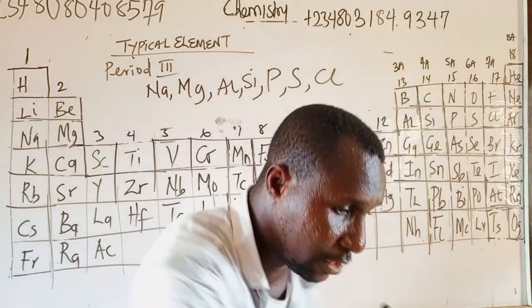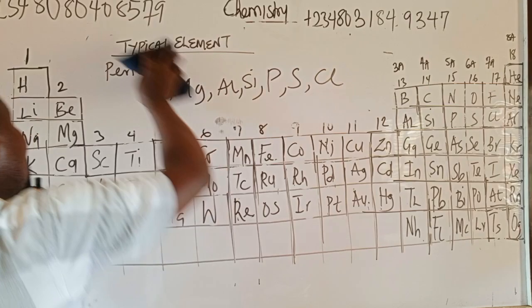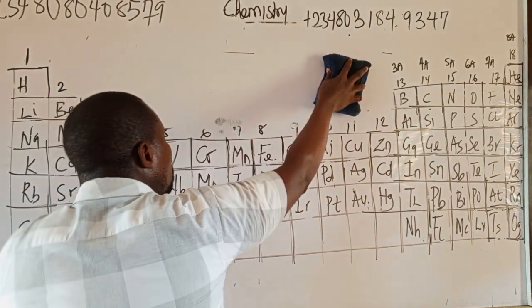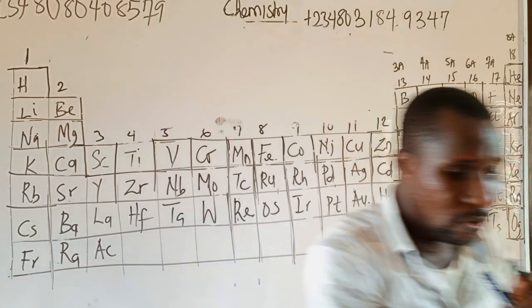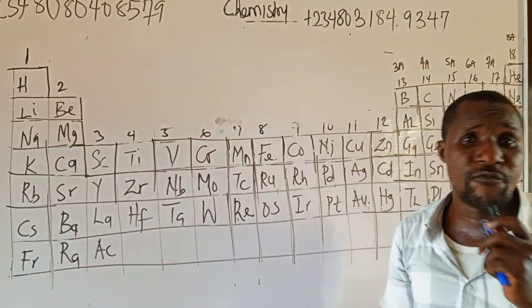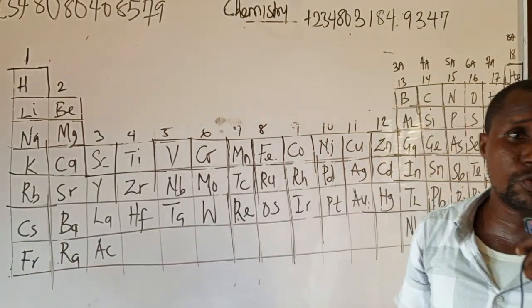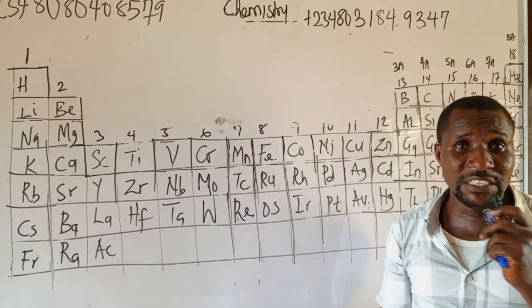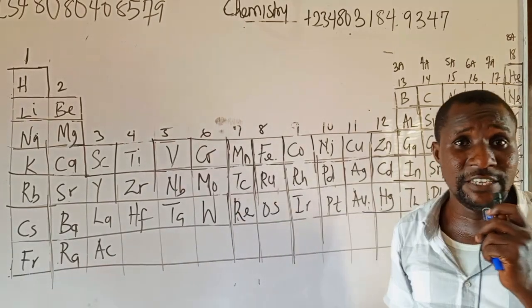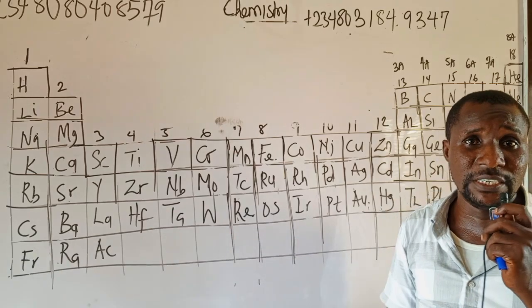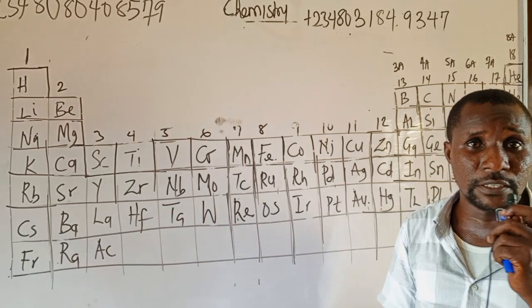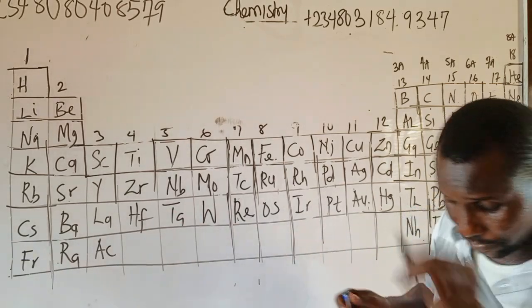Let's move further. Let us look at what we mean by diagonal relationship. This one came out in JAMB 2014, in JUPEB 2016, 2017, 2019 and 2021. In JAMB and WAEC, you will always see diagonal relationship.